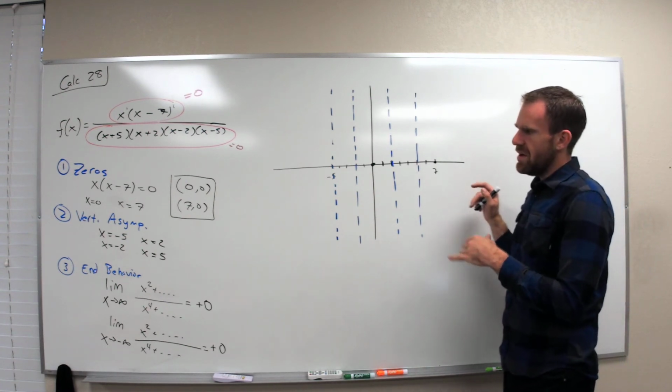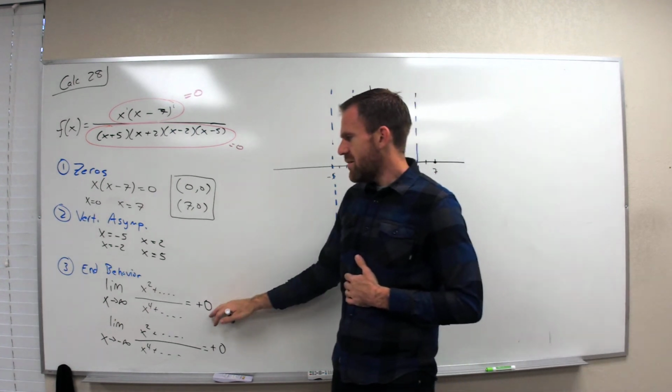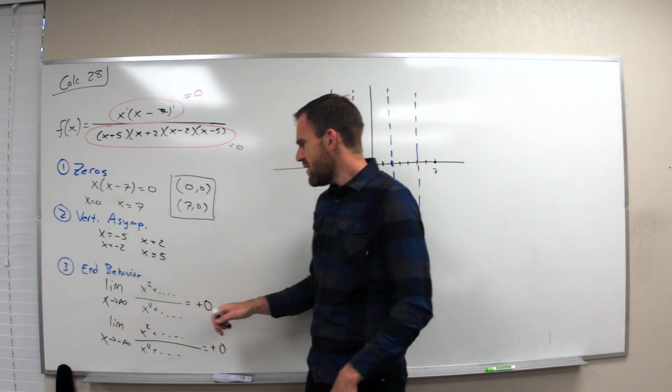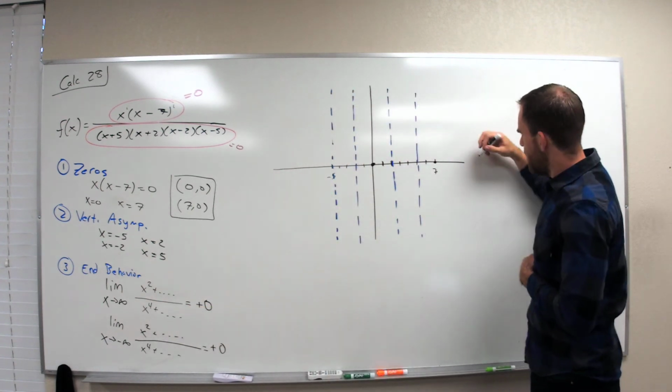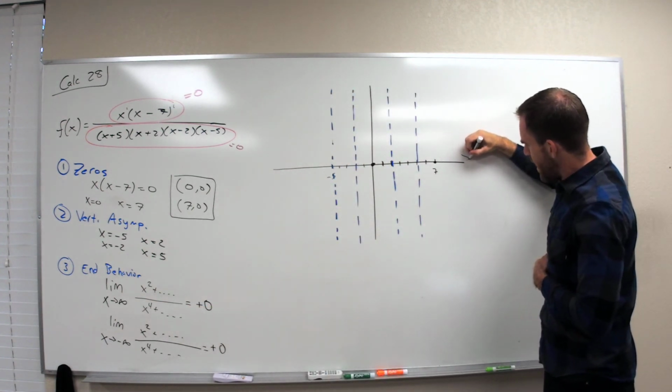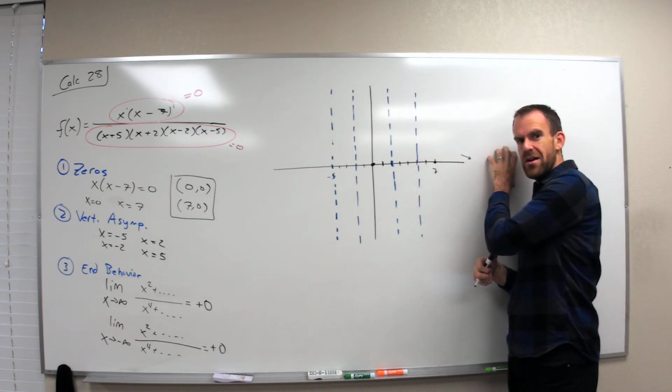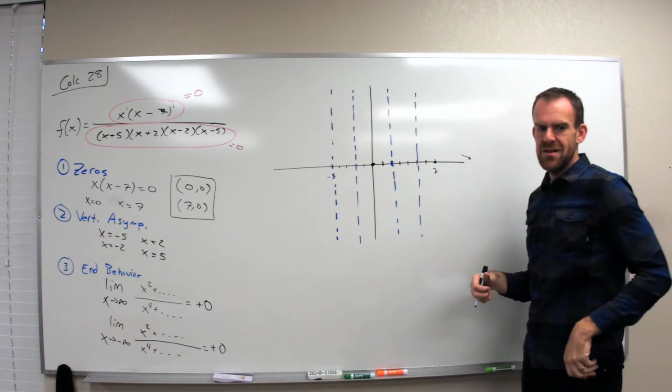So what I'm going to do is start based on my end behavior. Our end behavior at infinity gives us a positive 0, which means that I start that way. It's going to approach 0 as I get bigger and bigger numbers from the positive end.